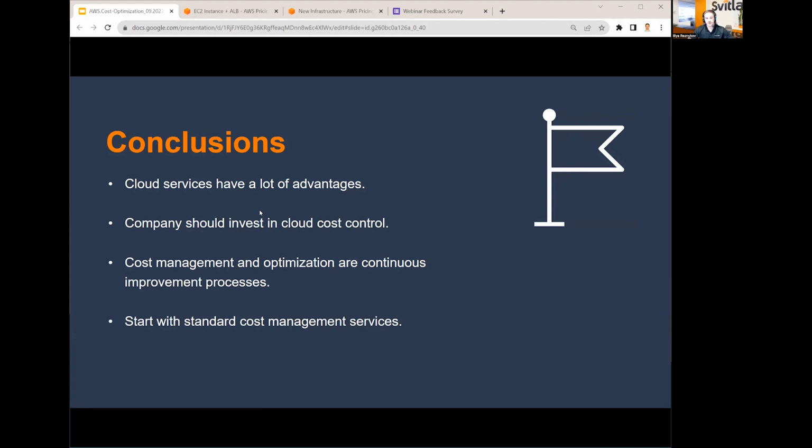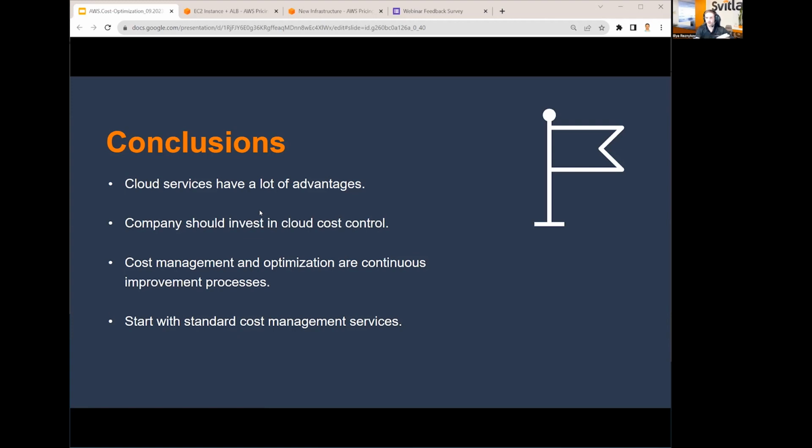As conclusions, we discussed that cloud services have a lot of benefits, a lot of advantages. Companies should invest in cloud cost control, because, as we said, without proper control, it could mean a high bill. Cost management and optimization are a continuous improvement process.